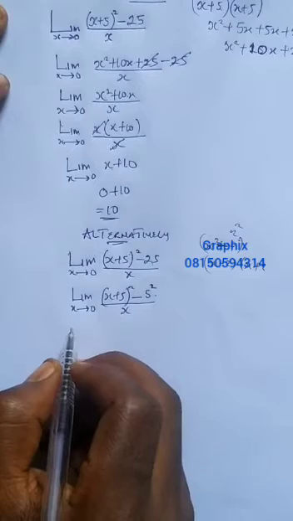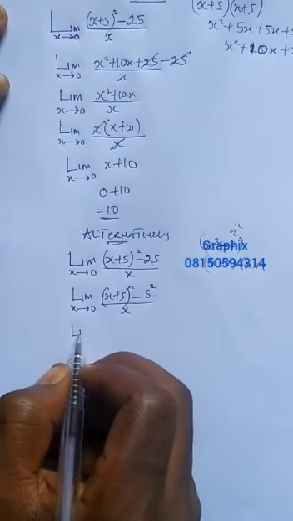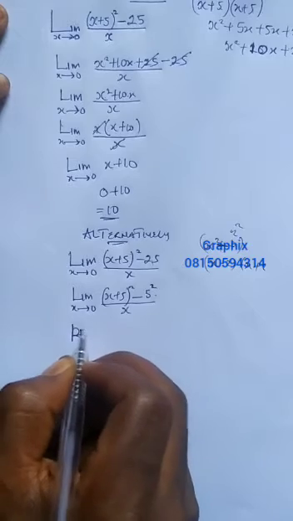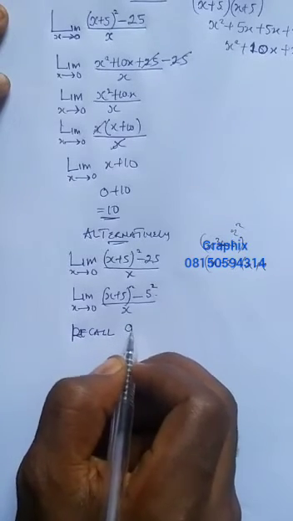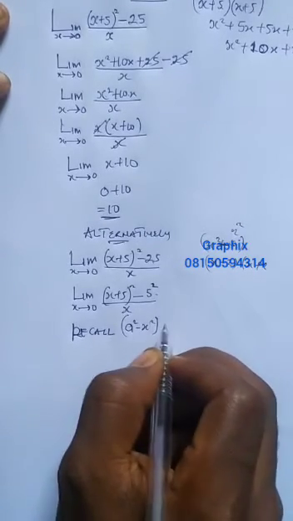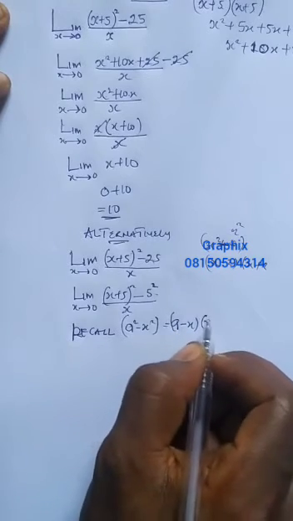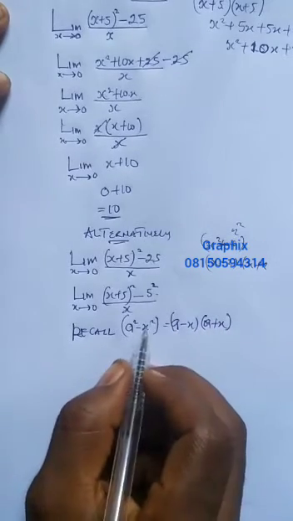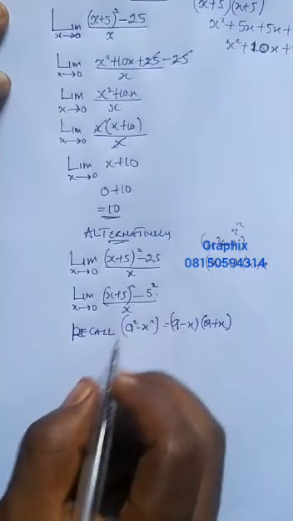You can recall that a squared minus x squared will give me (a minus x)(a plus x). So that's how it is when you have a difference of two squares. Are we good?